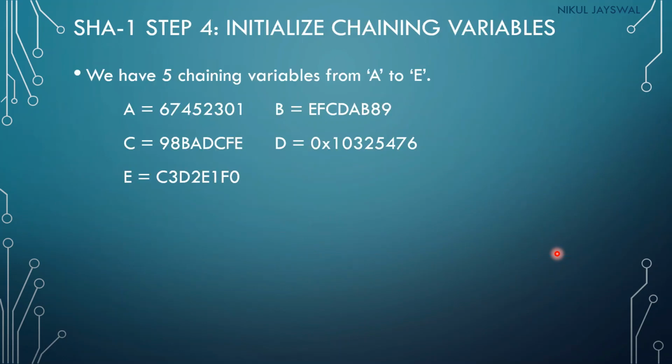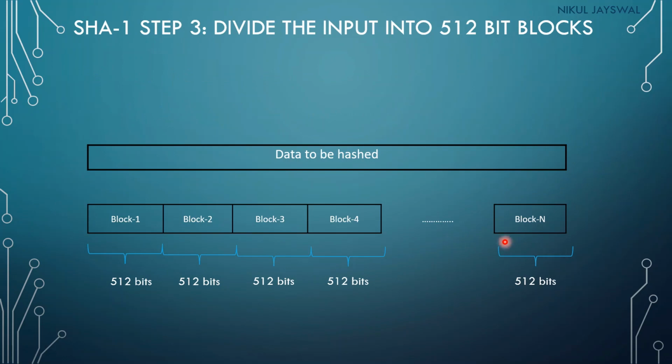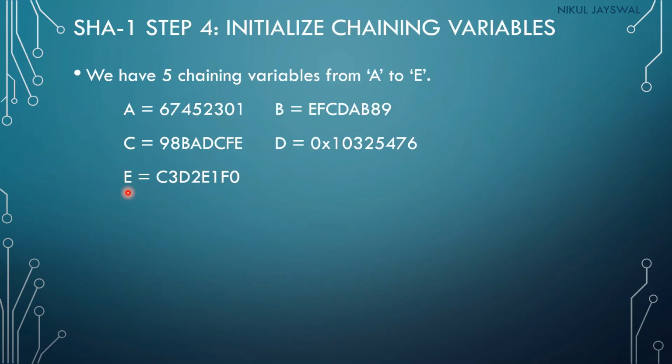Clear? Now the next step is to initialize the chaining variables. Here you can see that for block 2 we are taking the output of block 1 as input. So we need to take some input for block 1 also. For that input we have predefined values called the chaining variables. Clear?